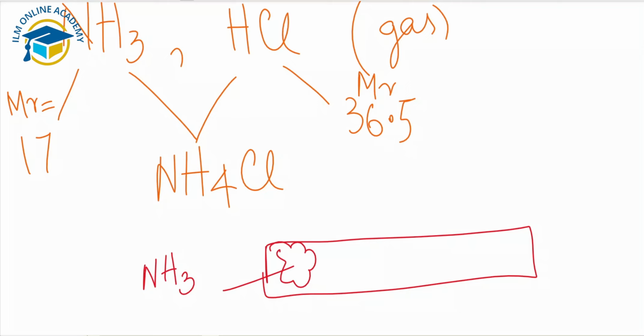The cotton wool soaked with ammonia solution is put in this cylinder, and on the right side we have cotton wool soaked in concentrated HCl. After some time, ammonia reacts with the hydrochloric acid, making the product ammonium chloride, that is closer.